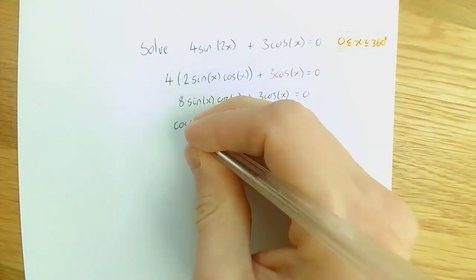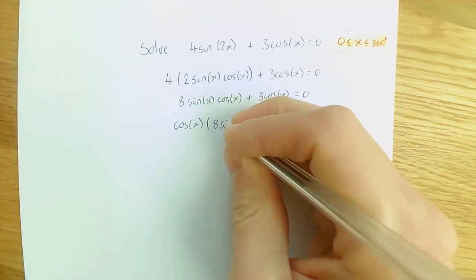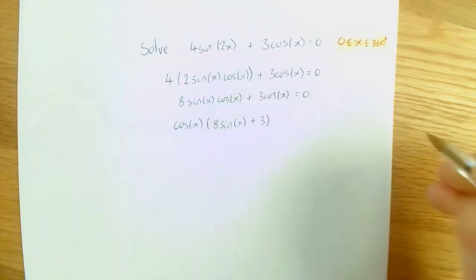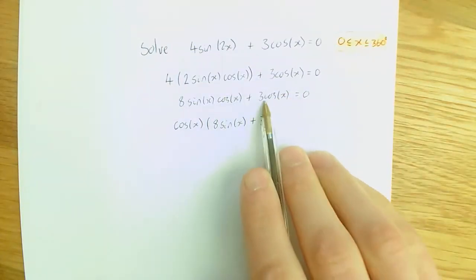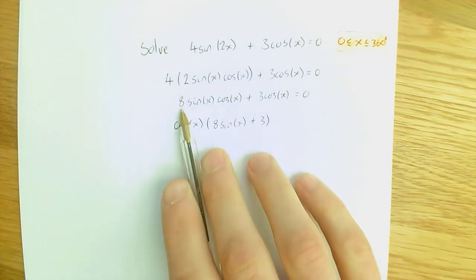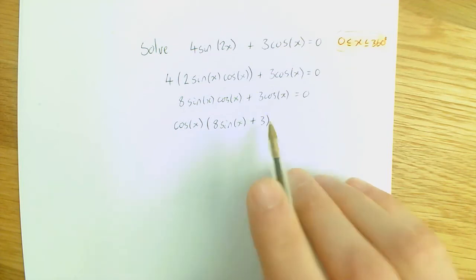So let's put that cos x out the front. That leaves us with 8 sine x from the first term plus a 3. All I've done is I've seen there's a cos x there and a cos x there, so that's gone out the front. Taking a cos x out of this term leaves us with the 8 sine x. Taking a cos x out of this term leaves us with a 3.